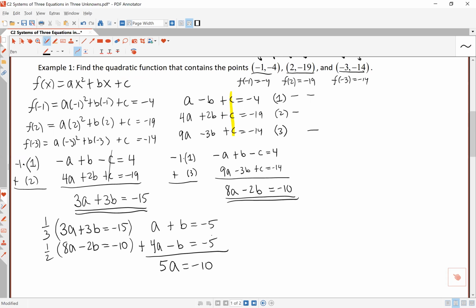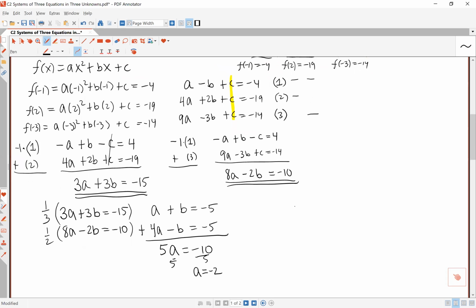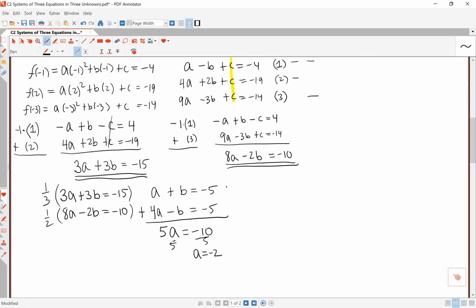Dividing both sides by 5 gives us a equals negative 2. This 2x2 system is what we use to find b. We can use any one of these 4 equations to find b. So I like to use one of the first ones there, the 3a plus 3b is negative 15.